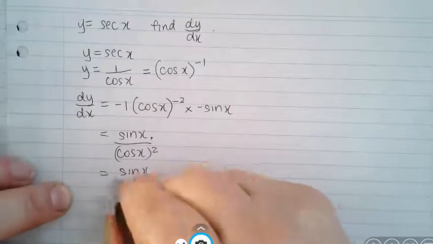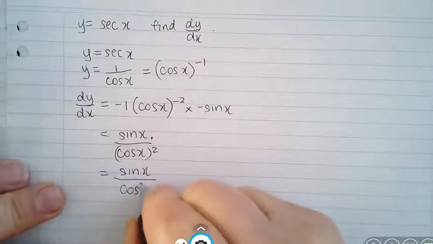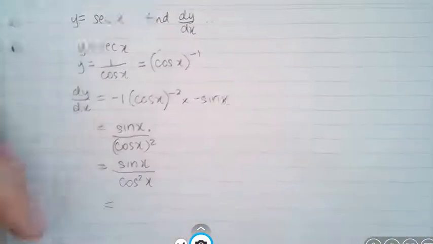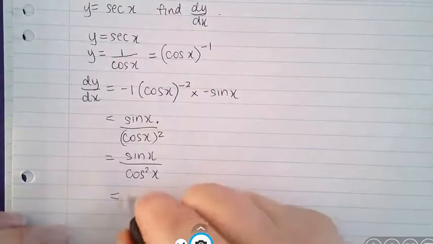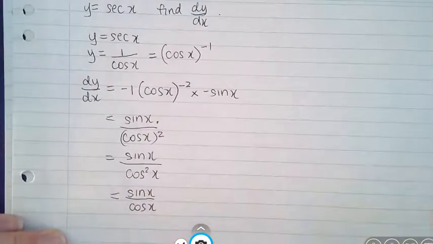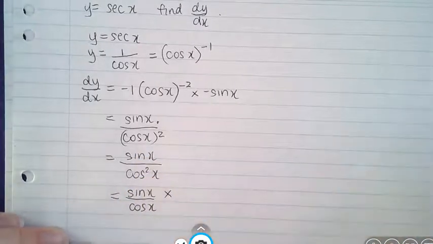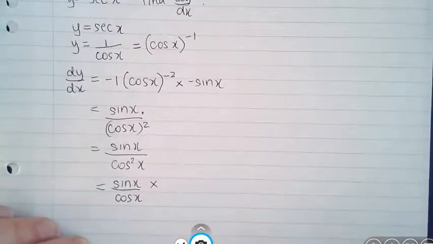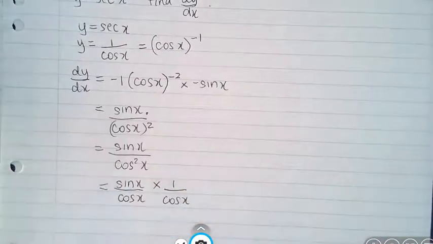How do I write that nicely? Instead of leaving it like that, another thing I can do is, I know that sine on cos is tan, don't I? So I'm going to put sine x on cos x. What do I still need to write? I need another cos on the denominator. So I could write my answer like this as well.